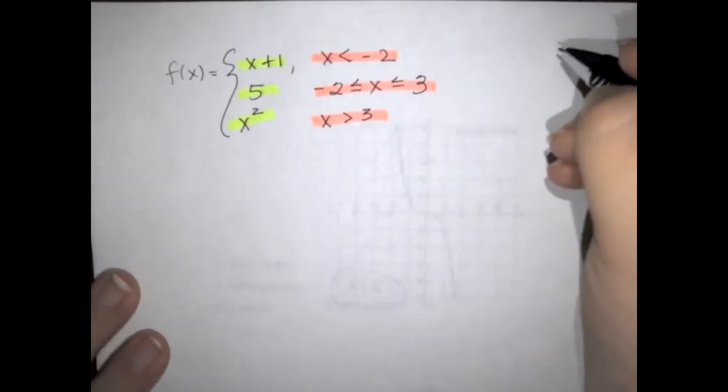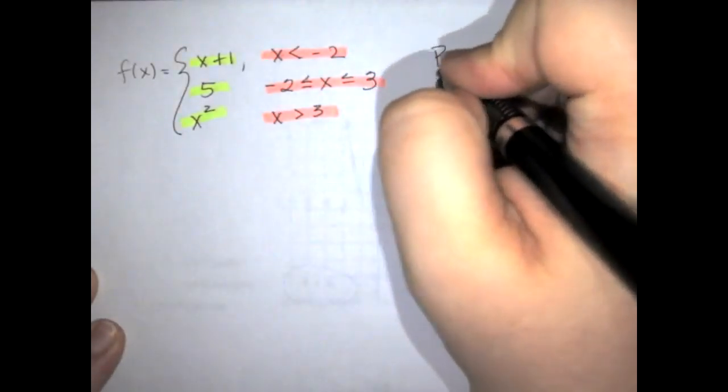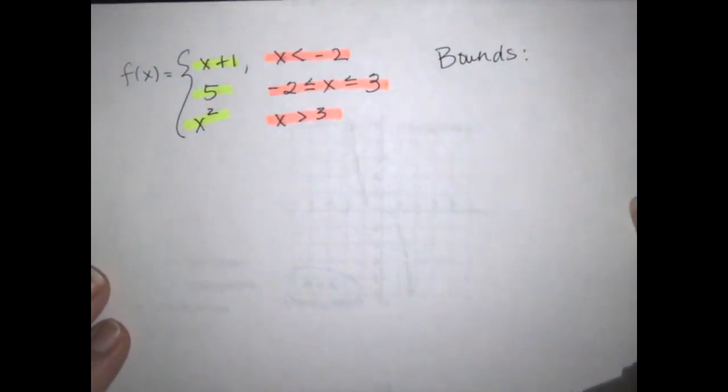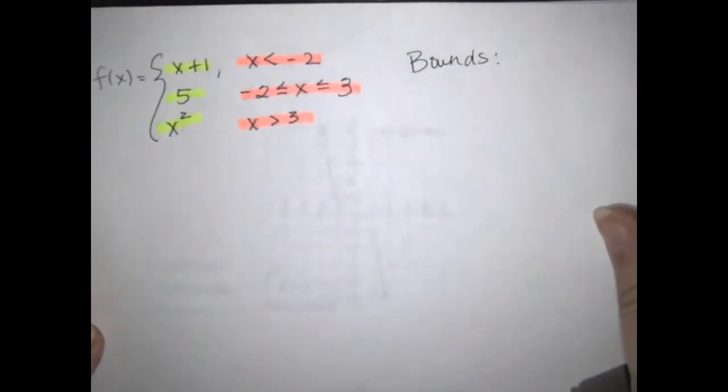So when we're talking about bounds, your bounds are going to kind of be like your start and stop values.